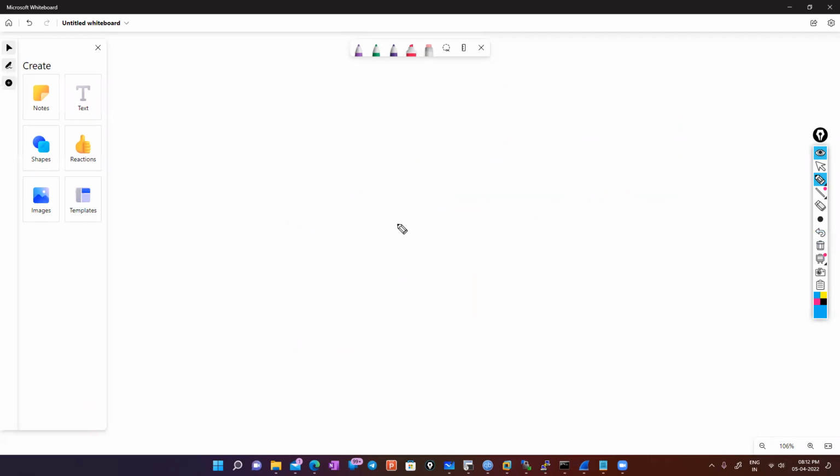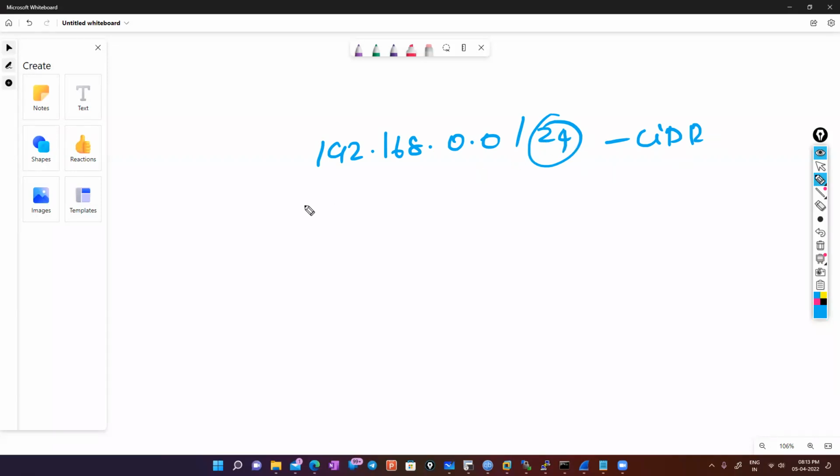Now let me go back to one IP address and do subnetting. Say, for example, let me take 192.168.0.0. For class C, this is the default CIDR value. What do you mean by 24 here? In every octet, I have 8 bits: 8, 8, 8.